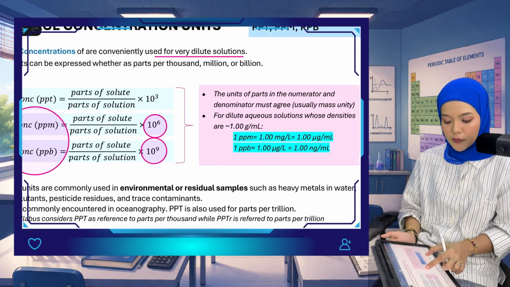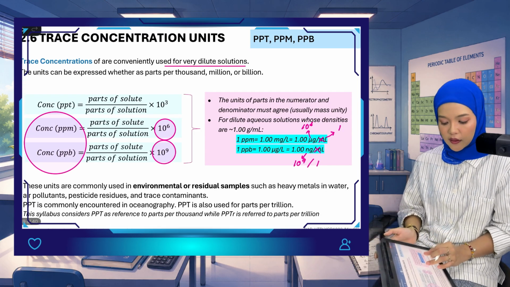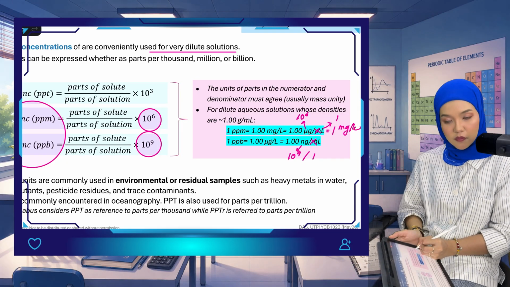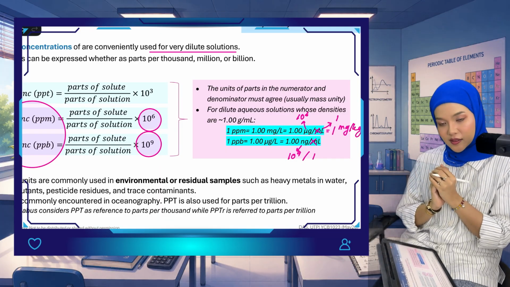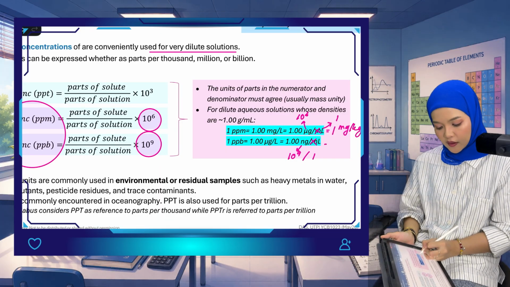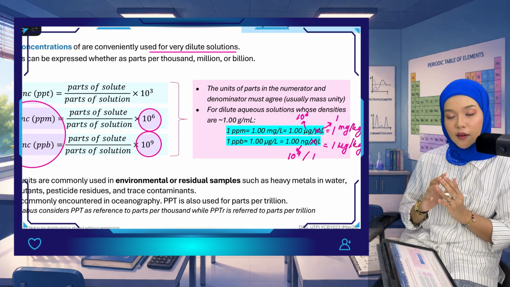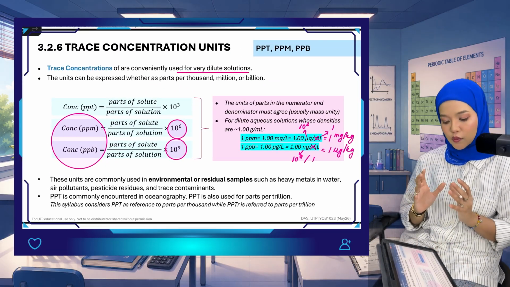So 1 ppm can also be 1 milligram per kilogram. Look at that, the ratio is also 10 power 6. And then 1 ppb can be 1 microgram per kilogram. So you can choose which one is more suitable.